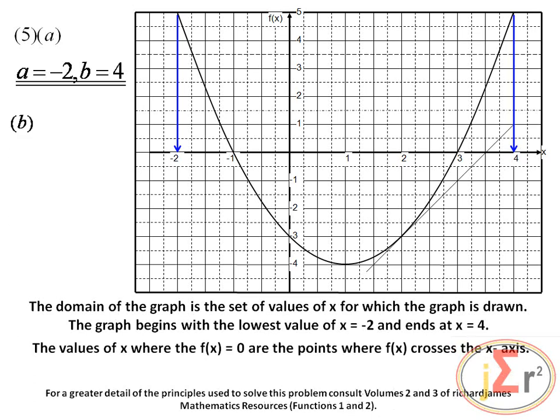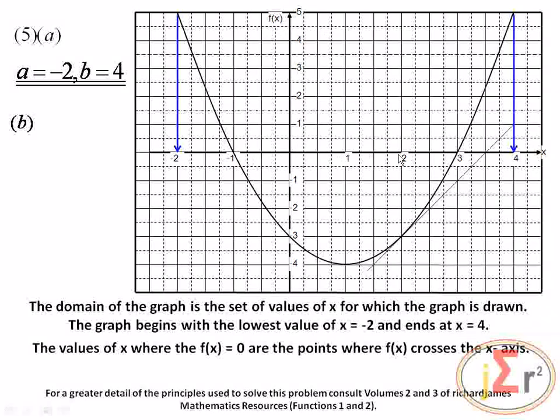We are going to determine the values of x where f of x is equal to 0. So the values of x where f of x is equal to 0 are the points where f of x crosses the x-axis. F of x is equal to 0 along this line, which is the x-axis.